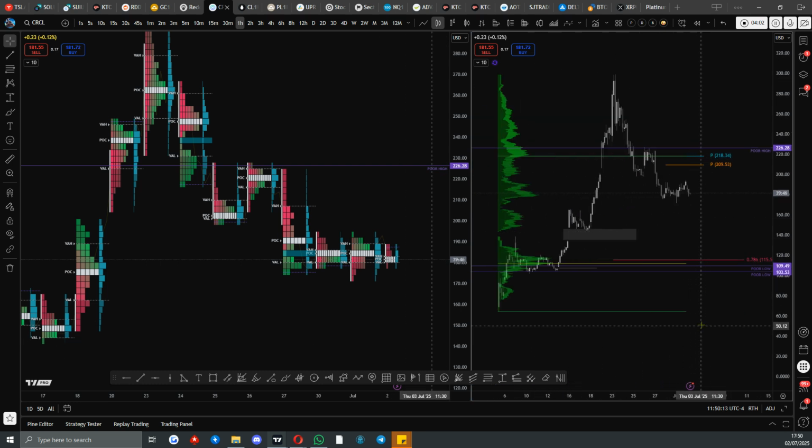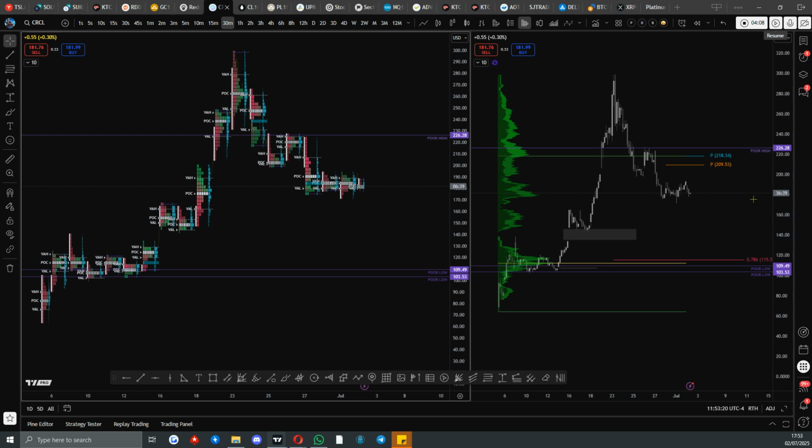So the TPO chart, as you can see on the left, you'll see down here where it says poor low. The reason for that is this basically means when price was coming down and there was an auction taking place between buying and selling, that it was incomplete.